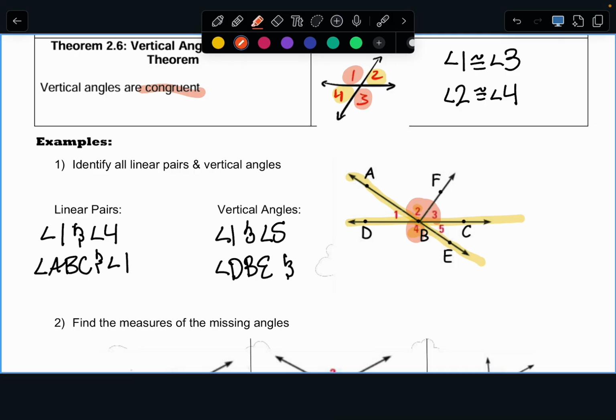They have to make that perfect X shape with their sides. It can't be a wonky X shape where it's turned a little bit. So we could also say angle DBE, angle 4, and angle ABC are vertical angles. Questions on that one?